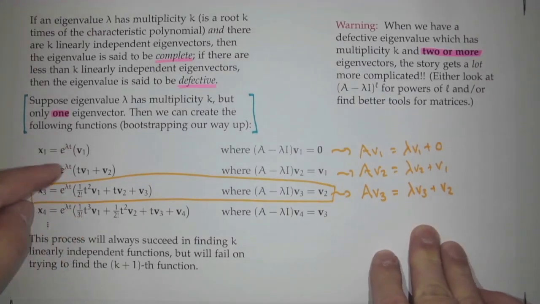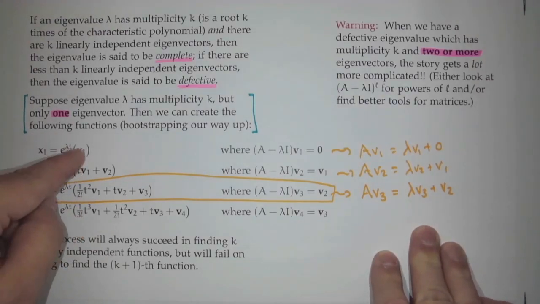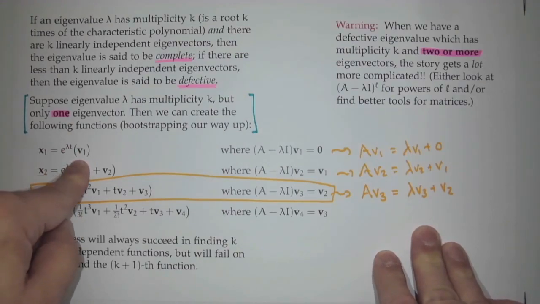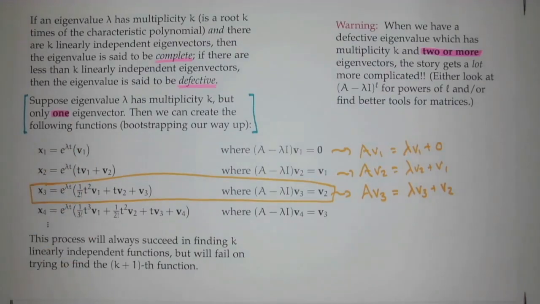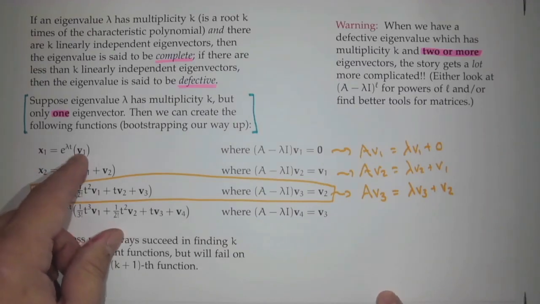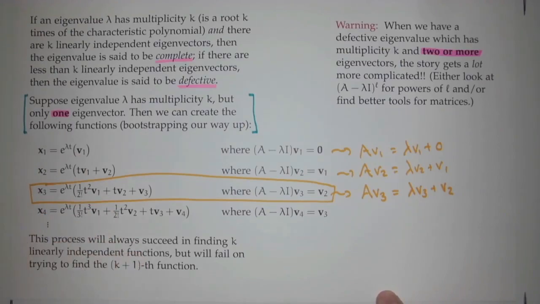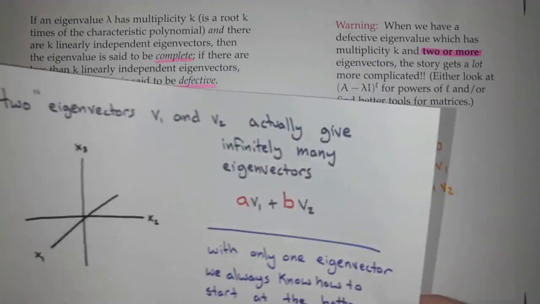And the answer is it does work if you start with the right vector at the beginning. You're like, okay, Steve, well, that doesn't sound so hard. If I have two eigenvectors, doesn't that give me a 50-50 chance of being right? What do you think? If I have two eigenvectors, that just means two candidates, right? And the answer is no.